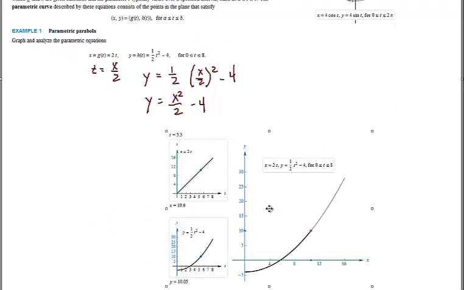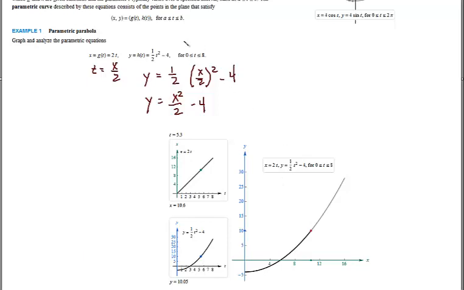So here's our graph, and if I'm looking at this graph, x versus t, you can see that x versus t is a straight line, and my y versus t is this parabola, and this is the graph of x versus y, and how these change as time goes. You can see each of these dots is just as t is changing.